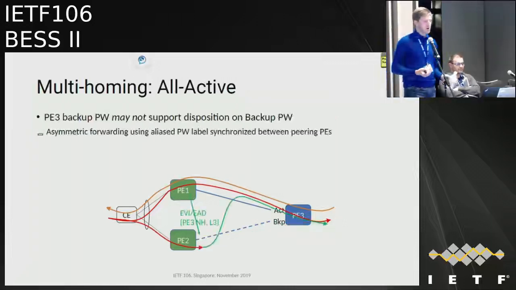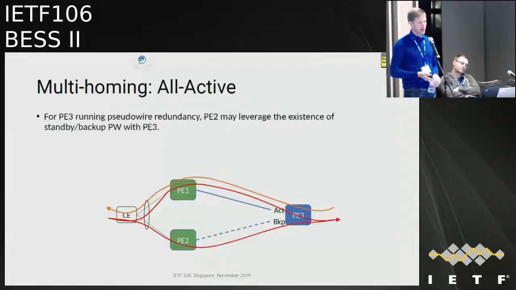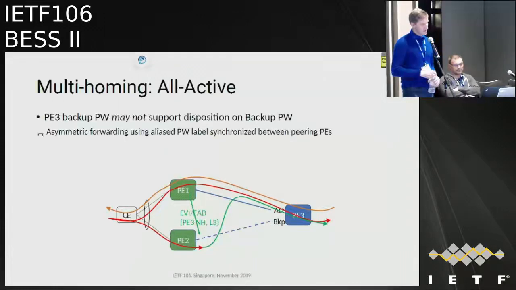There is one small caveat, or one small gotcha, to the scheme I described before. If you look back, on the right side at PE3, there's a red flow that's arriving on the backup pseudowire at PE3. If PE3 doesn't actually support this reception on that backup pseudowire, and we have seen implementations that do not, this draft presents a scheme to mimic that asymmetric forwarding from the previous slide.